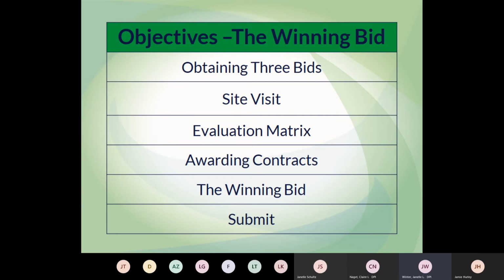And then awarding the contracts, who will be your supplier of your equipment. And then ensuring the winning bid is the actual correct one that meets all the regulations, and then submitting your documentation.